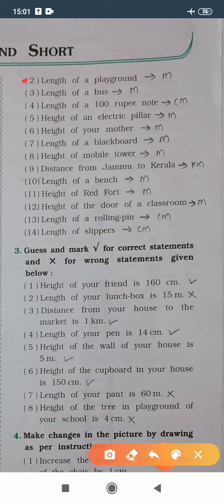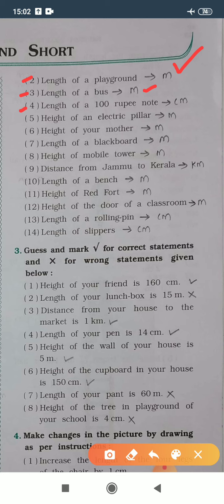Let's see question number 2, length of a playground. Again, the playground is in meter, so meter. Number 3, length of a bus. Again, the length of a bus is calculated in meter terms. Question number 4, length of a 100 rupee note.